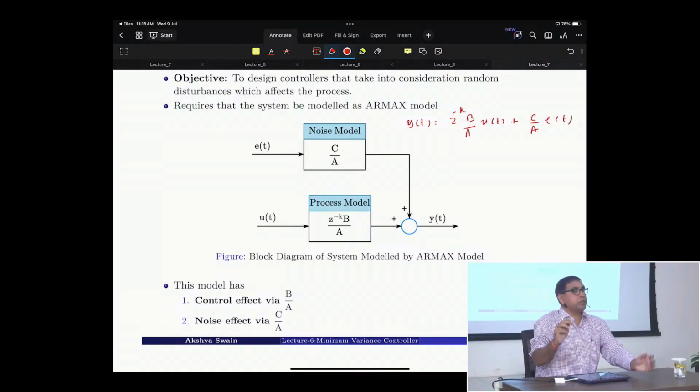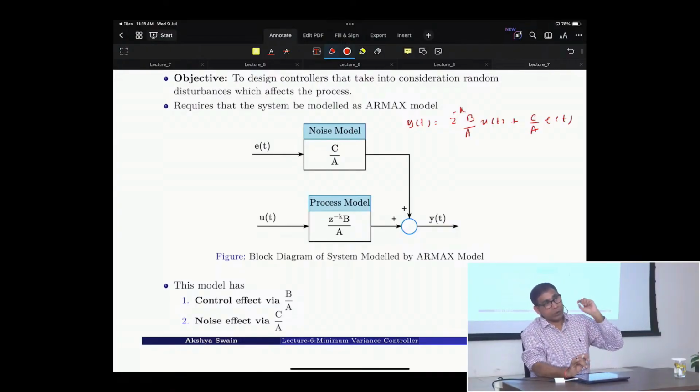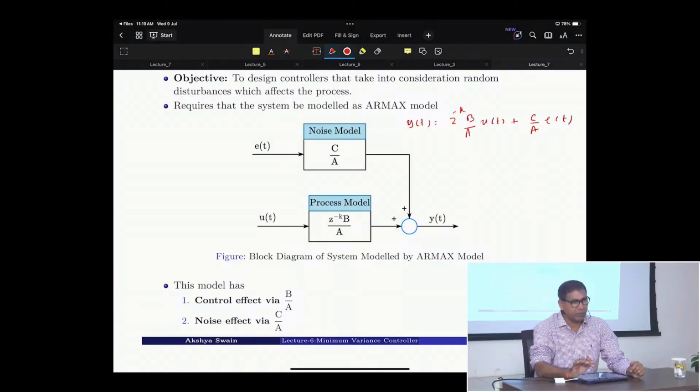The system must be represented by this form. If the system model is different, then don't use the minimum variance controller. Now I am giving the concept here. This concept is extremely important, and it will carry forward to the generalized predictive controllers and many of the adaptive controllers which have been developed over the years. The idea is very important.